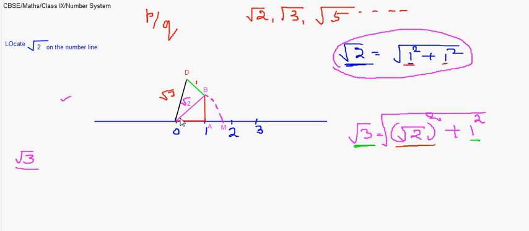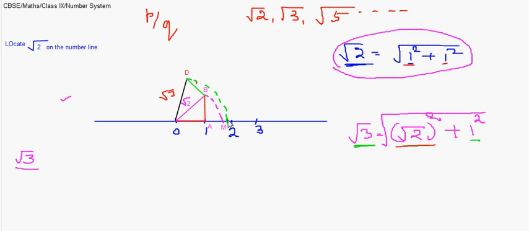So to draw that on the number line, you have to draw an arc with OD as the radius, so that would just be here.